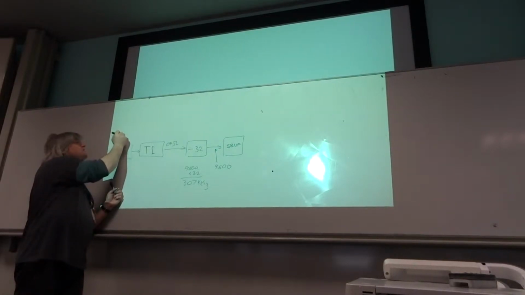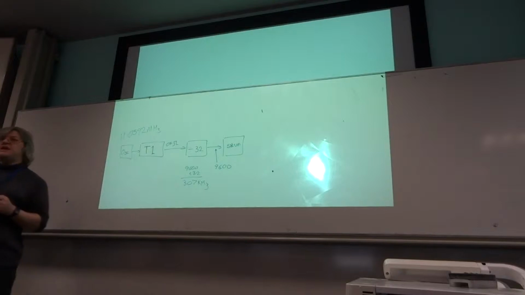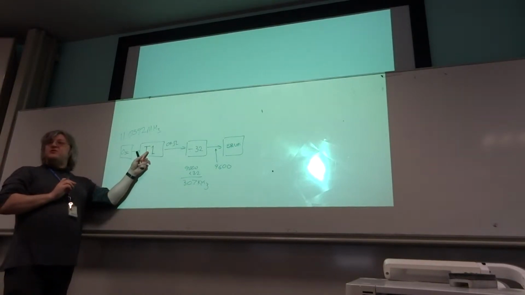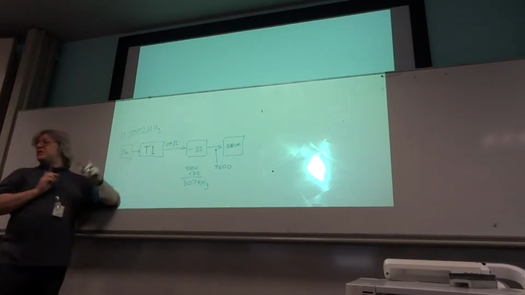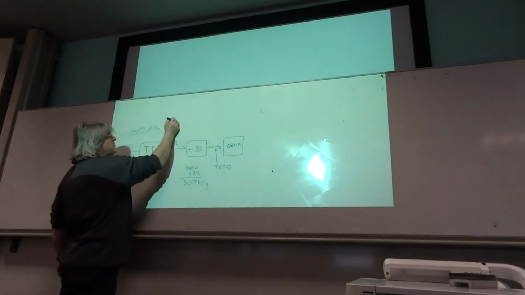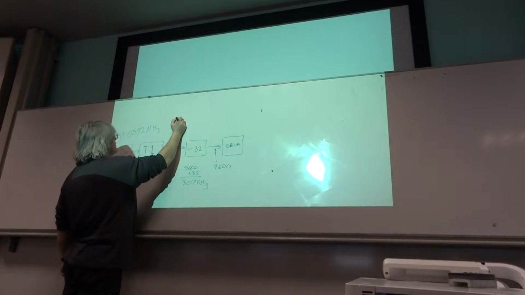Now we've been told we're using an 11.0592 megahertz crystal, which means that the frequency at which this is going to do anything is 1/12 of that, because it takes 12 clock pulses to do one machine cycle. So 1/12 of that is probably about 0.9 something megahertz.